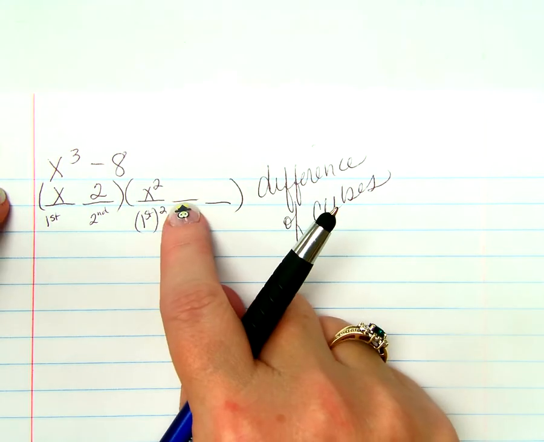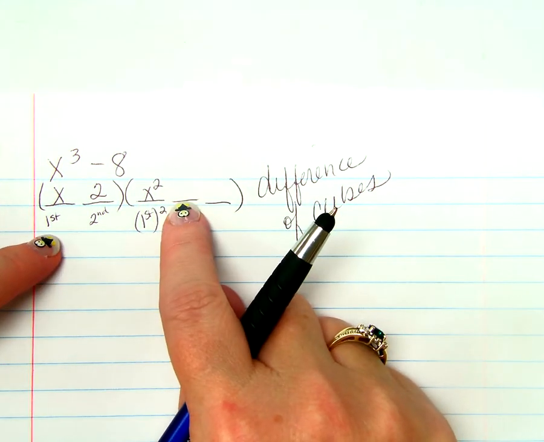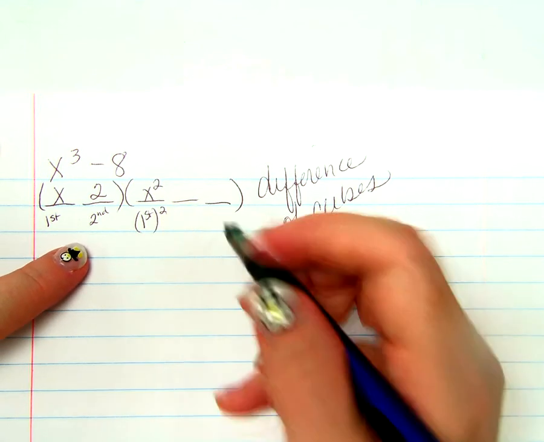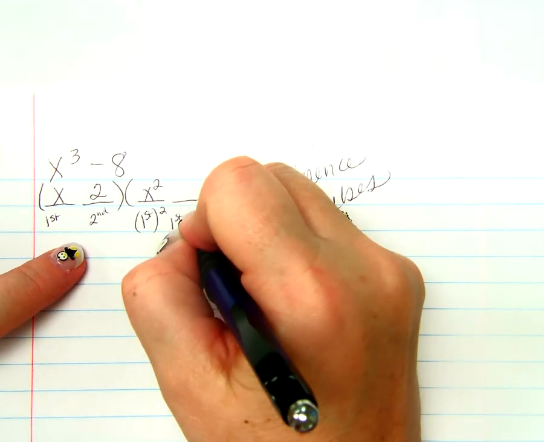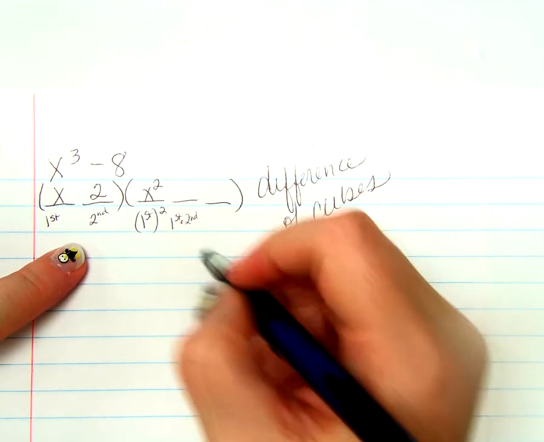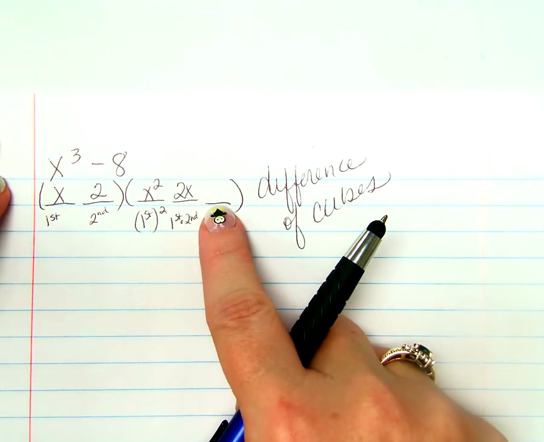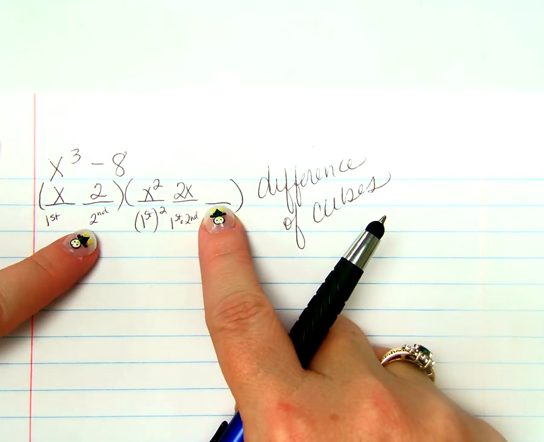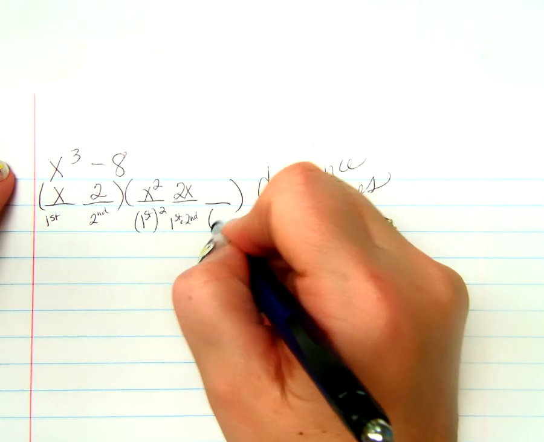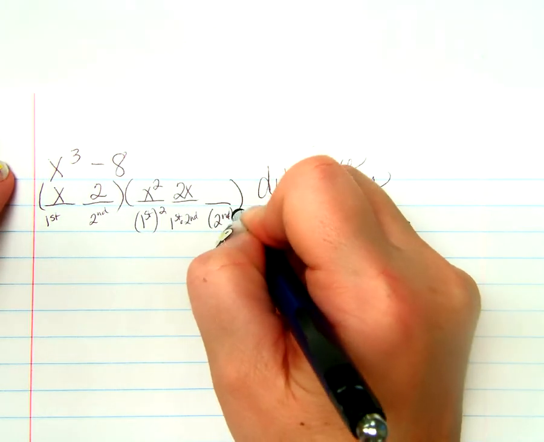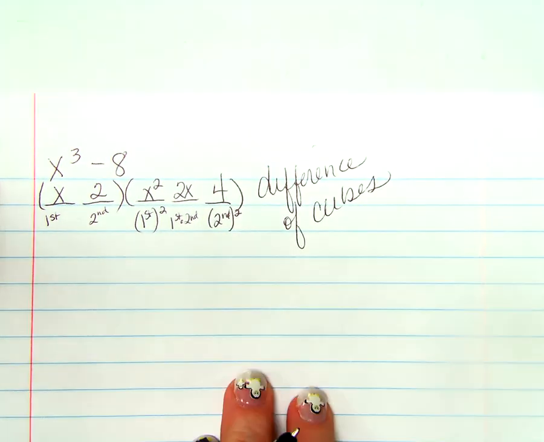To get the second number, I want you to multiply the first and the second. 2x. Very good. And the last term in the trinomial, I want you to square the second number. 4. What's missing?